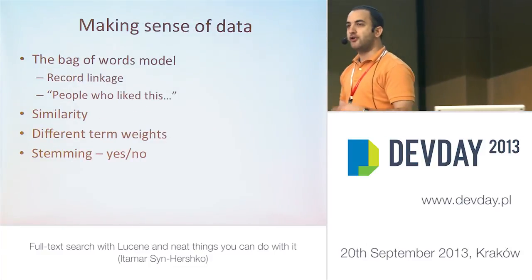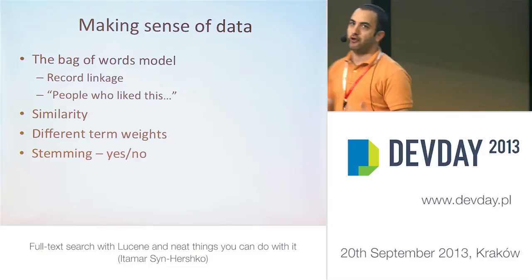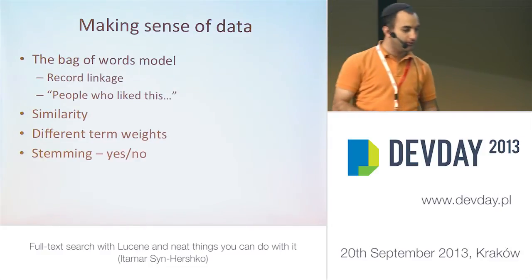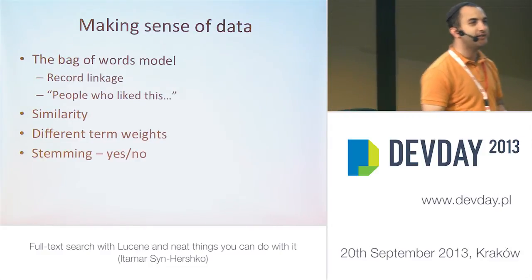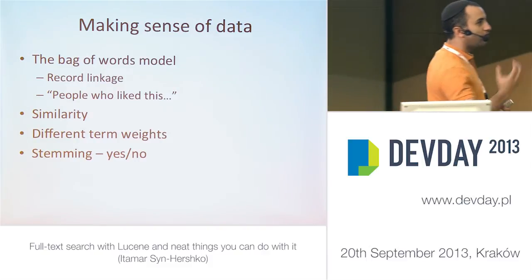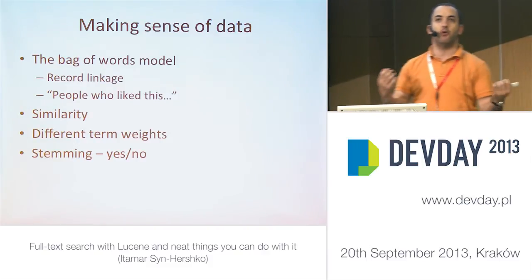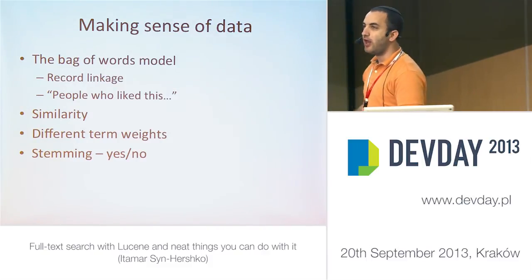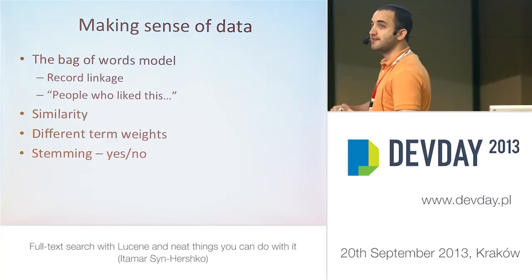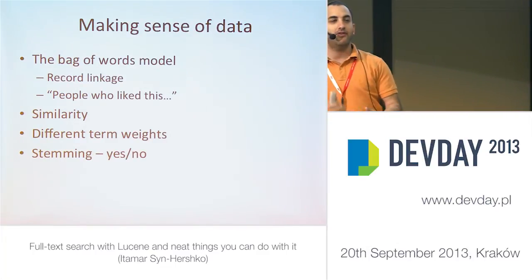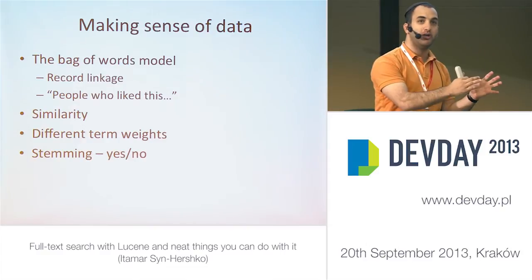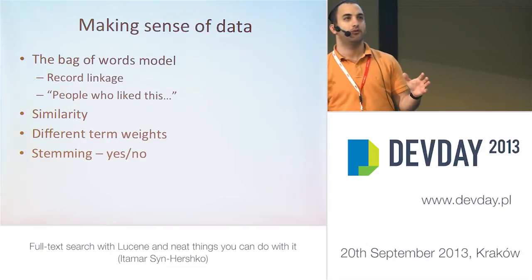And I can also use a concept called the bag of words model. That basically means if I have one document and I'm breaking it down to words, I can count how many times each word exists in the document, and by that give a document some sort of a vector, right?